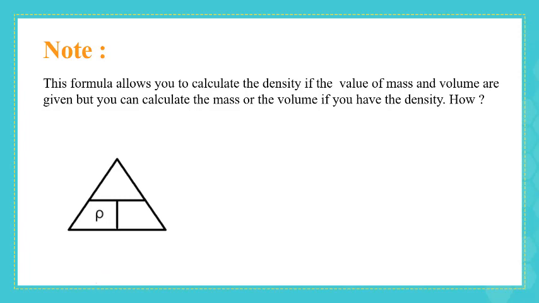Put rho on the left side, m on the up side, and v on the right side. The factor that you want to find, you have to hide it. For example, if you want to find the density, then hide rho. You'll get m over v.